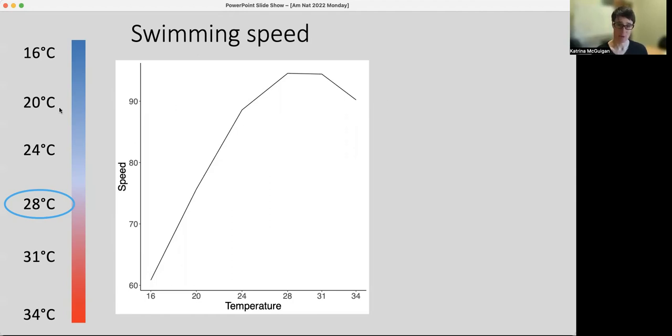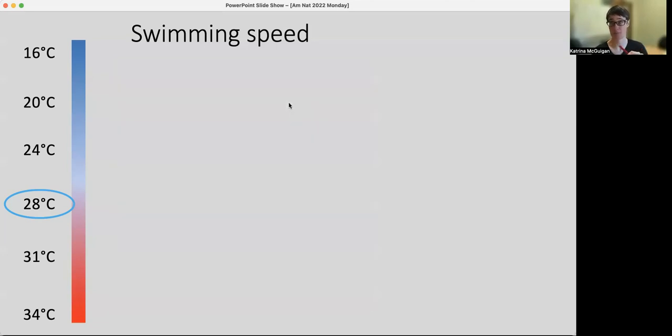These thermal performance curves, again, not just for swimming speed in fish, but more broadly, are known to undergo adaptive evolution. And so they evolve in terms of changes in the temperature at which the maximum performance is achieved, and they can change in the range of temperatures over which a certain high level of performance, here fast swimming, is maintained.